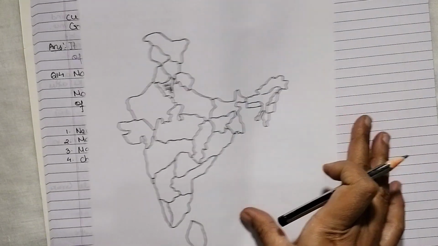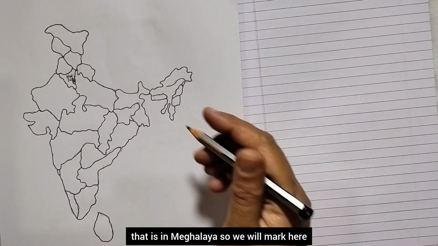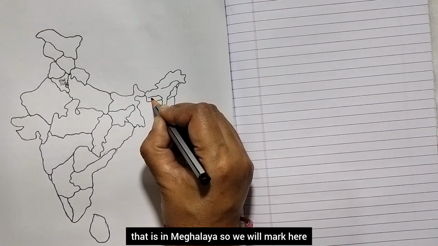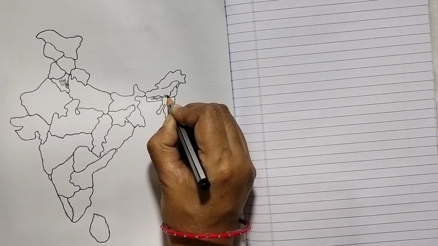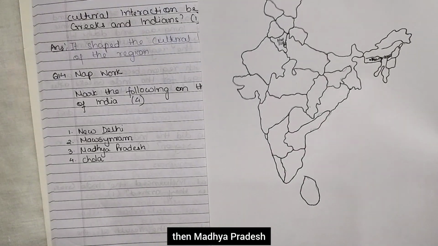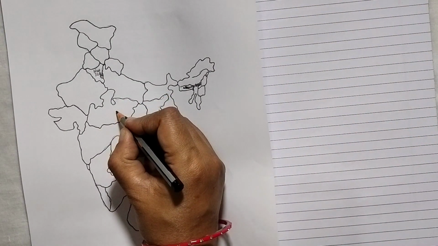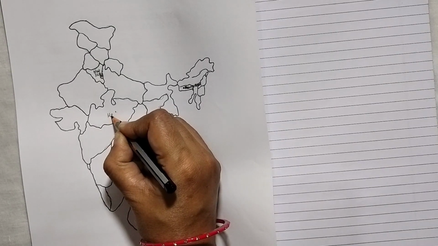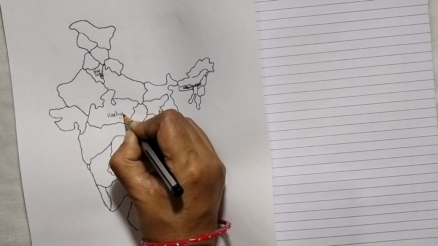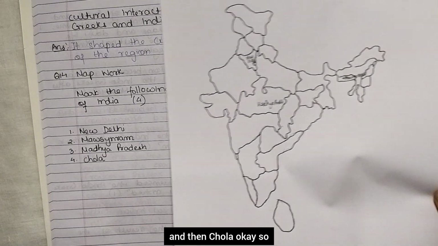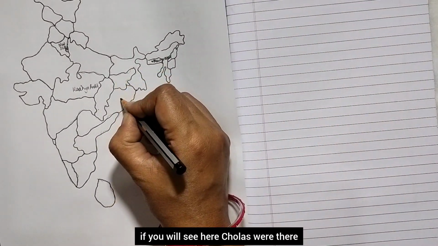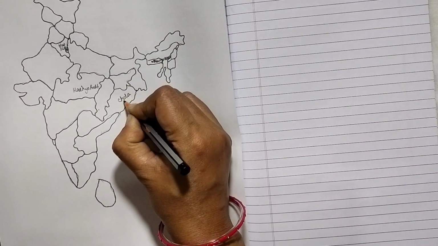Next is Shillong, that is in Meghalaya, so we will mark it here. Then Madhya Pradesh, it is here. And then Chola. If you see here, the Cholas were there.